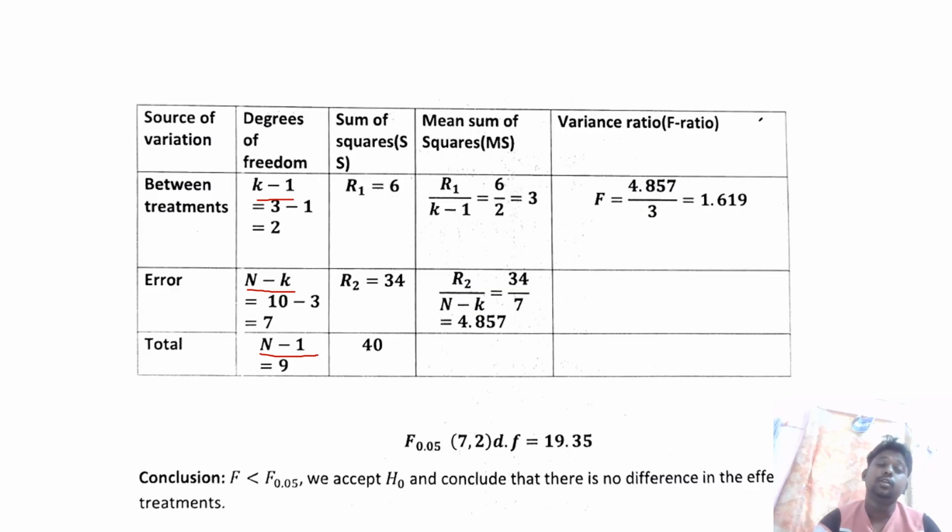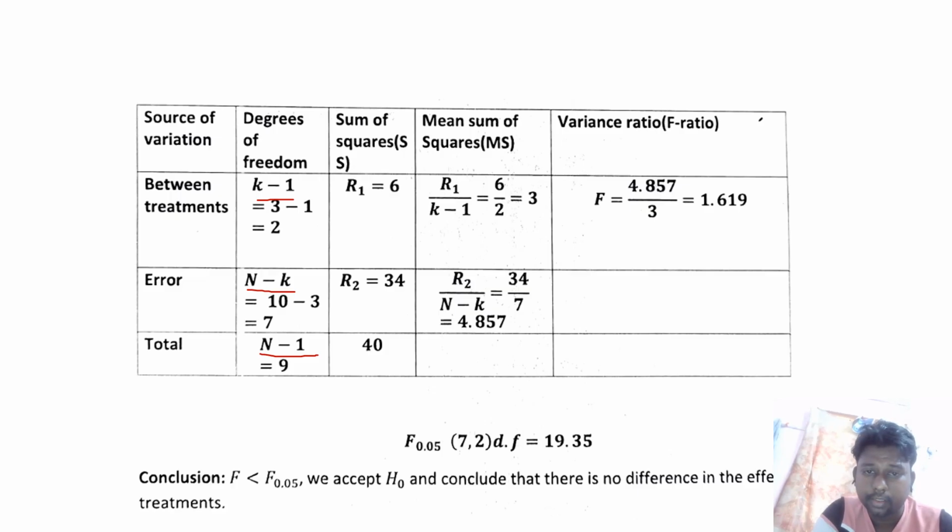For sum of squares, like the previous slide, we get a value of 6 for between treatments, 34 for error, and 40 for total. Mean sum of square is the sum of square divided by the degree of freedom. We get 6 divided by 2, which is 3 as the mean sum of square.